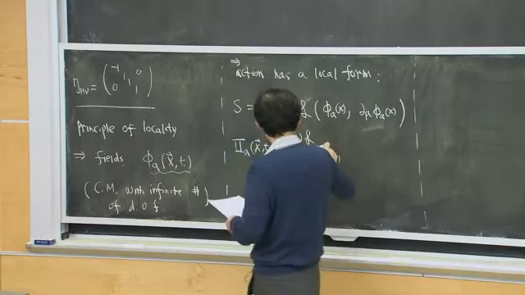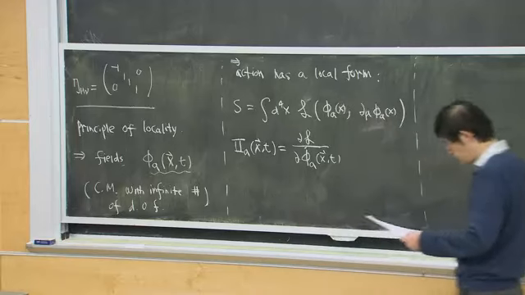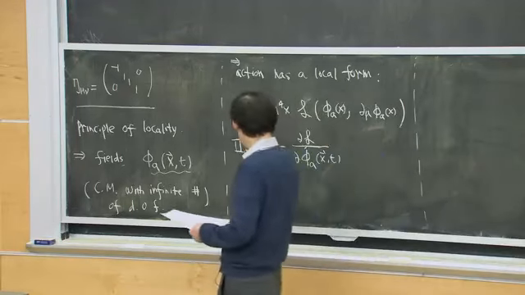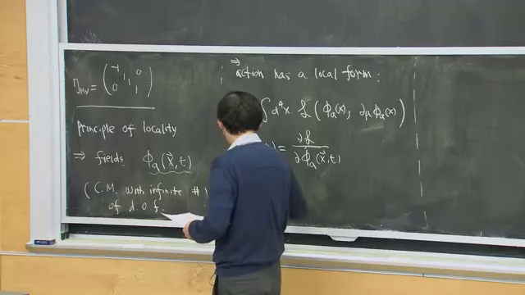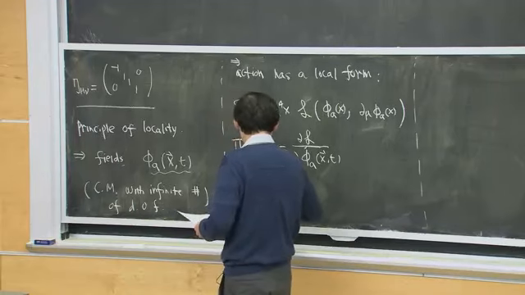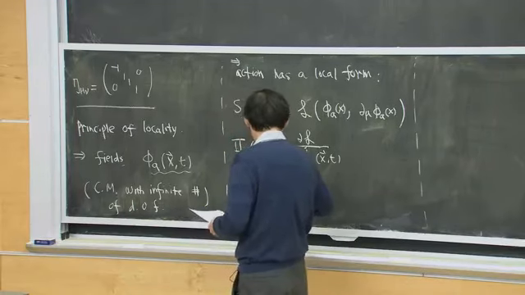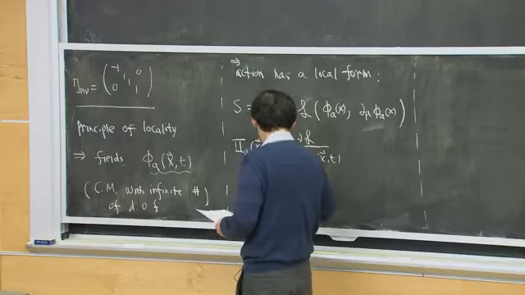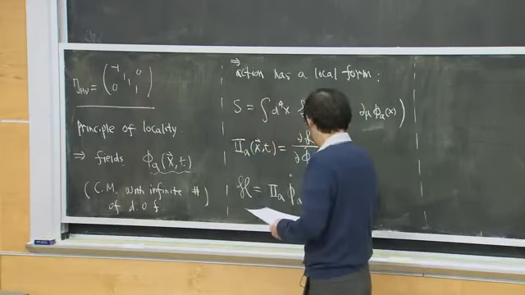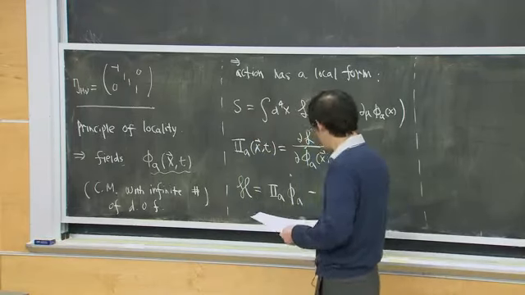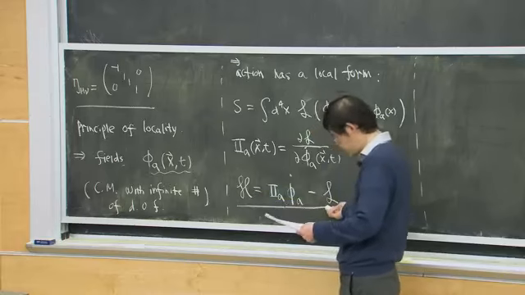This is phi dot, the time derivative of phi. And you can also introduce the Hamiltonian density, which is pi a phi dot a, with a summed, minus L. The Hamiltonian is obtained by integrating this over space.